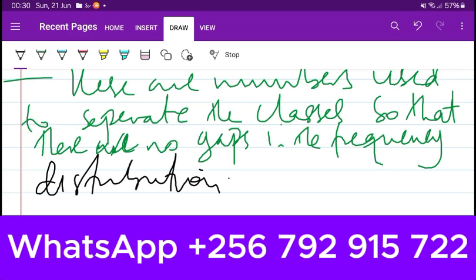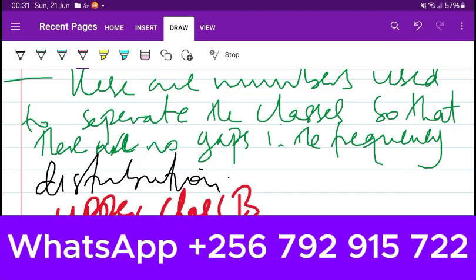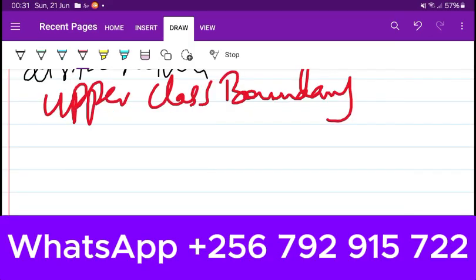We have what we call the upper class boundary and then the lower class boundary.